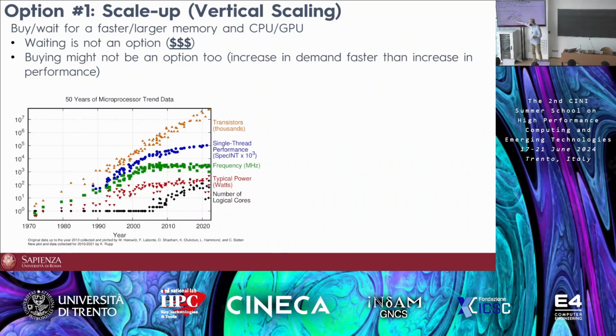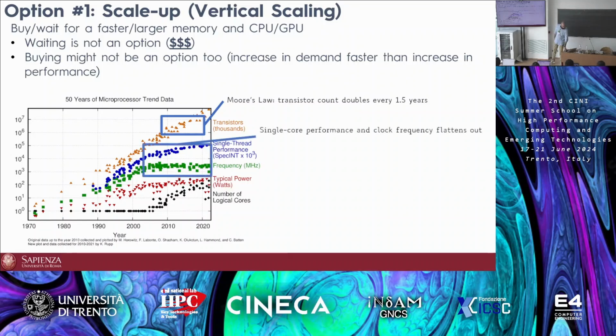So at this point, people realized that we will never build a 20 gigahertz processor, so they started putting more cores in a CPU. And here we have the number of cores, and you can see that basically when the frequency stopped, this started to increase. People started putting more cores. This is why you are seeing OpenMP and other ways of doing multi-core programming. So that's the reason why you need to do multi-core programming.